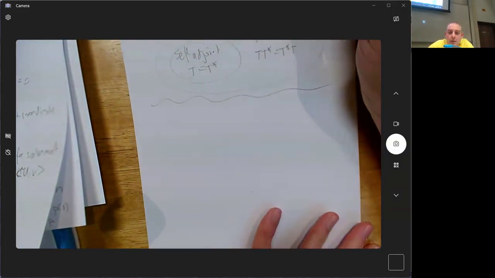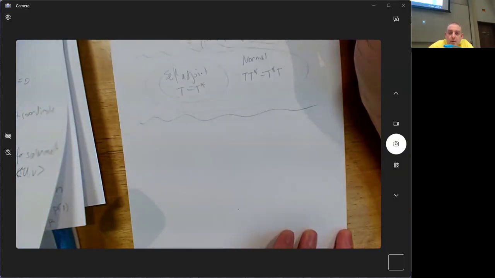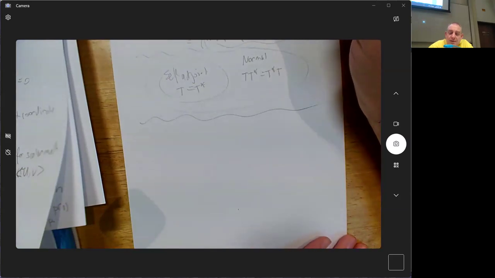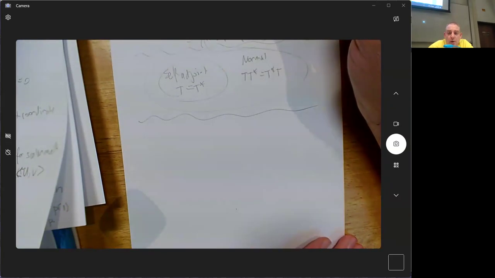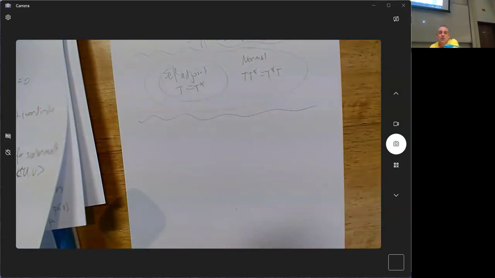Okay, here we go. So we have some properties of T star T. It's a positive operator, which has a meaning. It has null things.